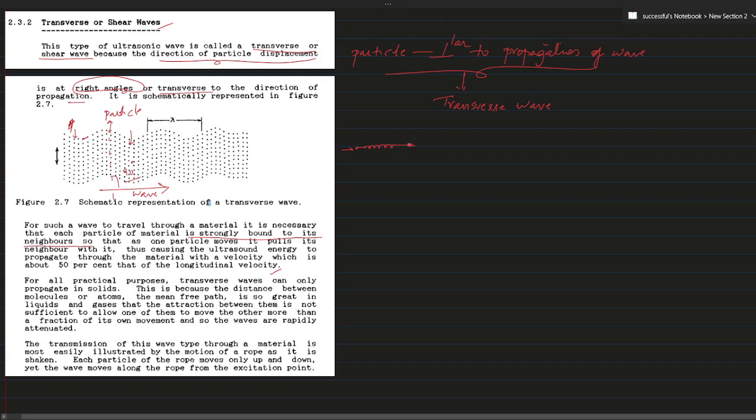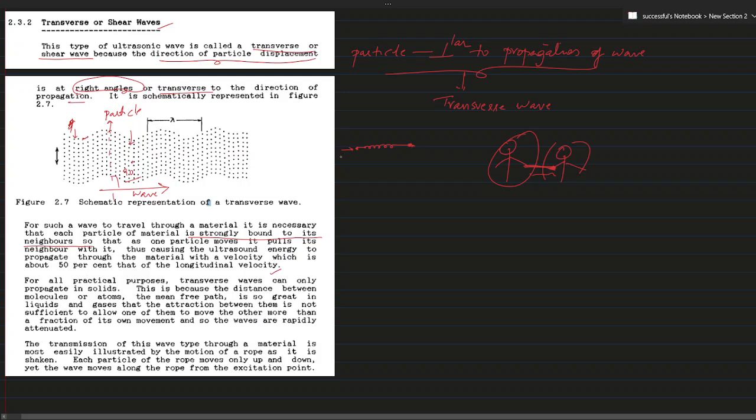If there is a strong bond, suppose there are two persons, and one is holding the other's hand. There is a strong bond, so he can pull this person. But if there is no strong bond, he cannot pull this person, and then this energy will not get transferred.